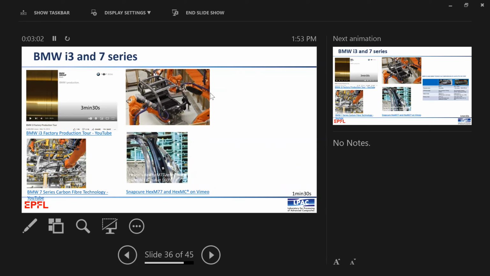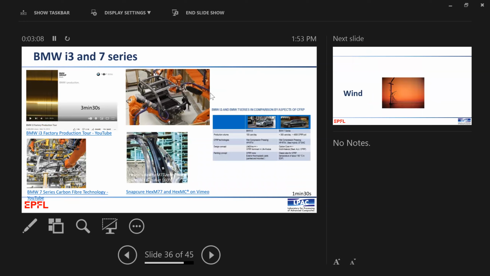You take a roll, it's already sorted out, and you compress it and you trim it. So it's very robust. And also the volume went up from 100 cars per day to 300 with the 7 Series. 4,000 parts per day being made for the 7 Series. It's quite a lot of pieces from a thermoset process. And yeah, they changed their philosophy a bit.